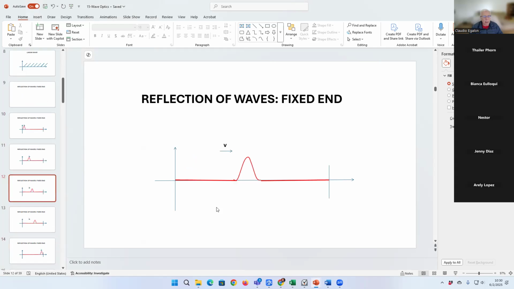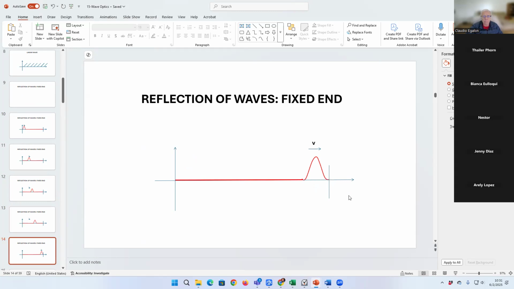As time goes by, the wave moves forward until it reaches the fixed end. What happens at the fixed end? Something interesting happens at the fixed end. Because this end is fixed, this point will always have an amplitude equal to 0.